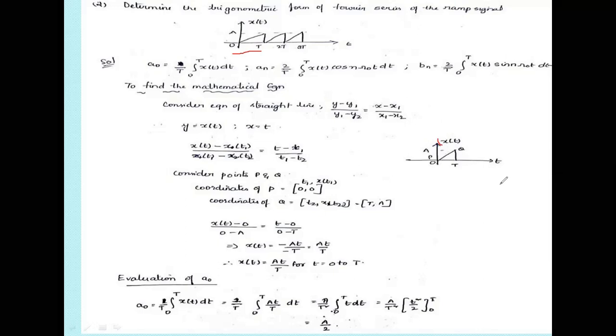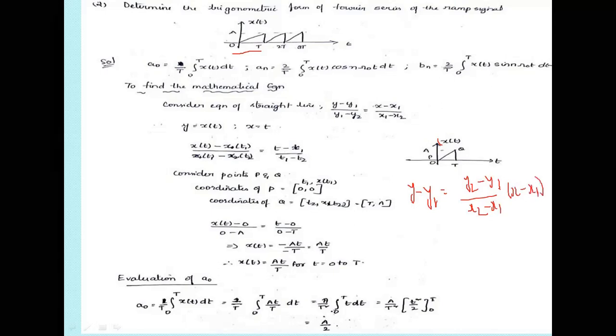So the ramp function, y minus y1 is equal to y2 minus y1 by x2 minus x1 into x minus x1.